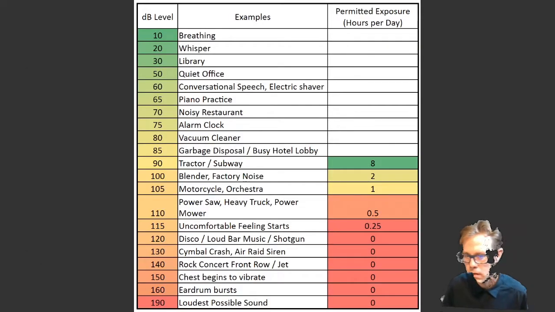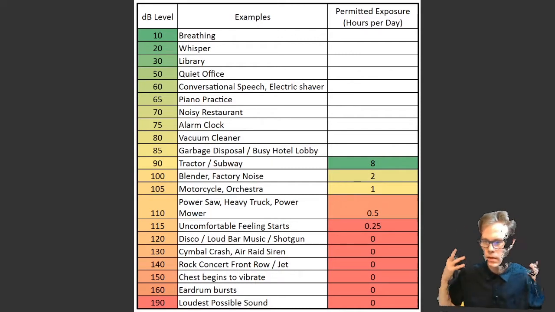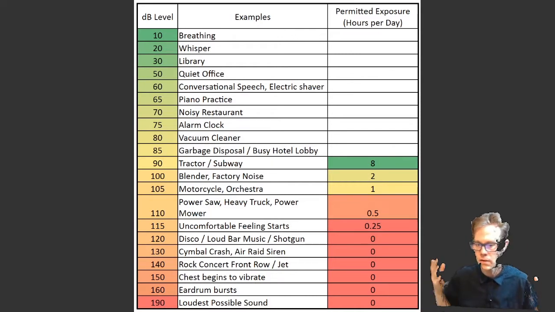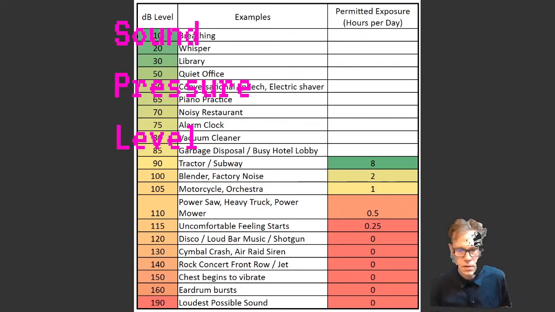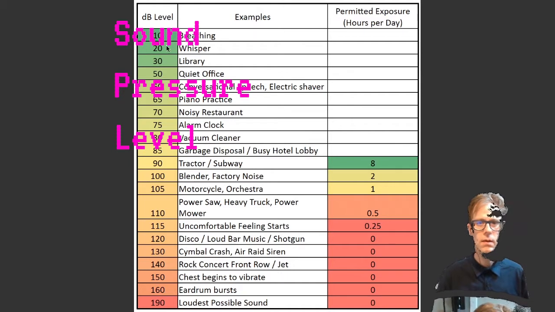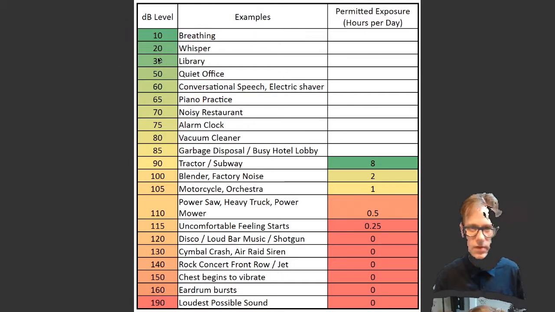So here are some examples of the loudness of sound in terms of decibels. So decibels, this is the most common unit for measuring loudness. And specifically, this is a specific flavor of decibels known as dB SPL, where SPL stands for sound pressure level. So here we see some very, very quiet sounds.